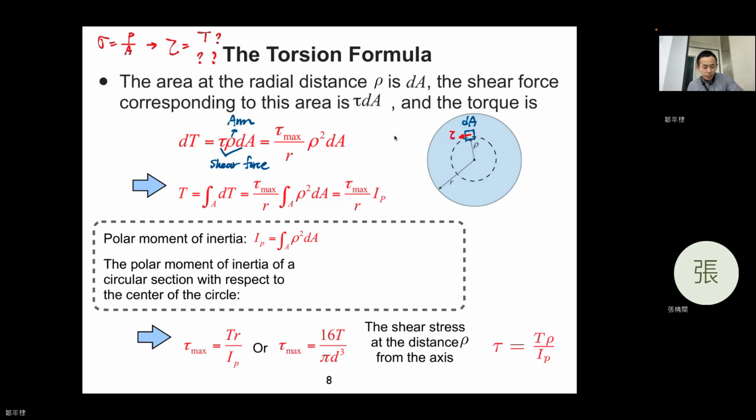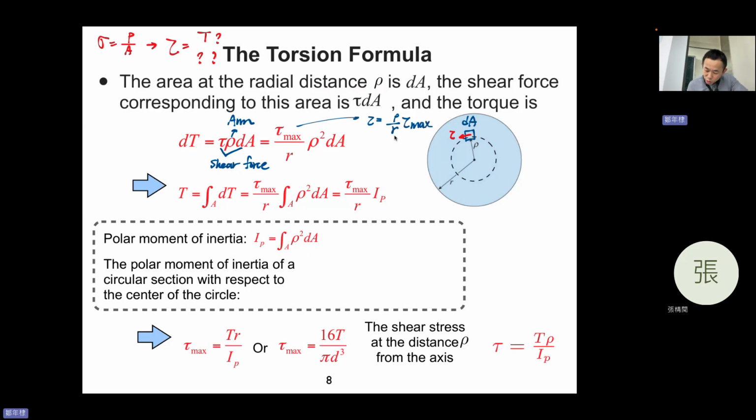Then we transfer the tau into tau max. What's the relationship between tau and tau max? We know that tau equals rho over r times tau max, the ratio.